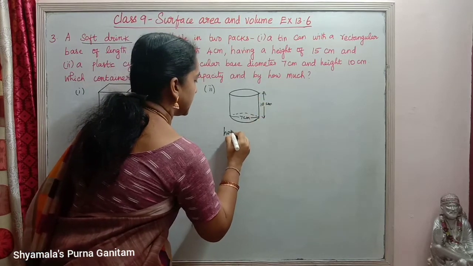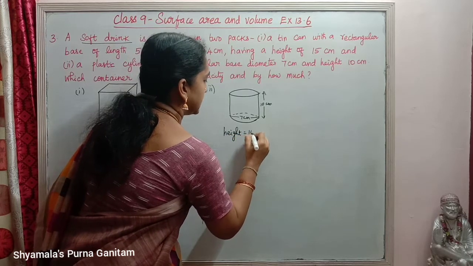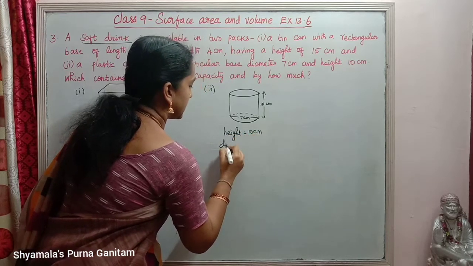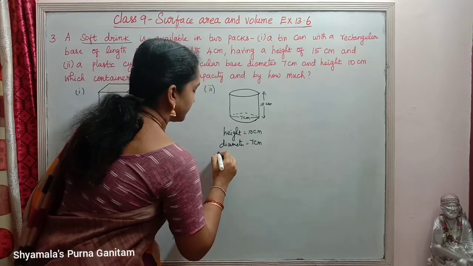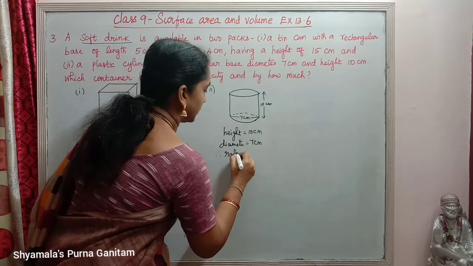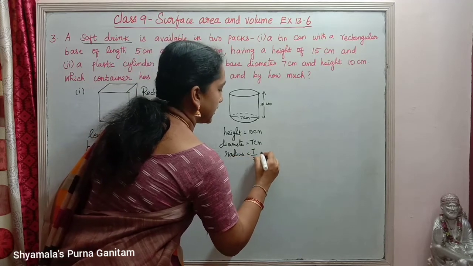So, height is equal to 10 cm and diameter is equal to 7 cm. Therefore, radius is equal to 7 by 2 centimeter.